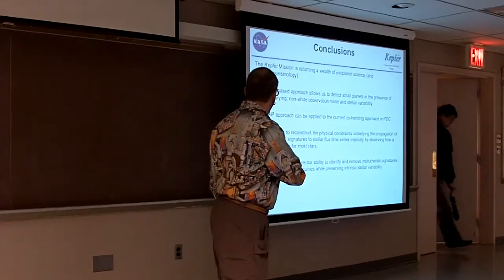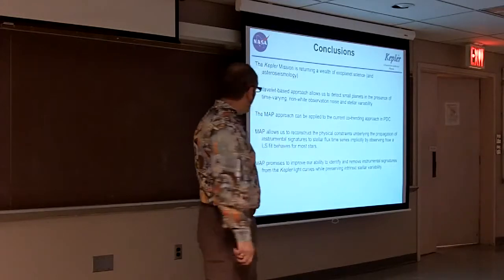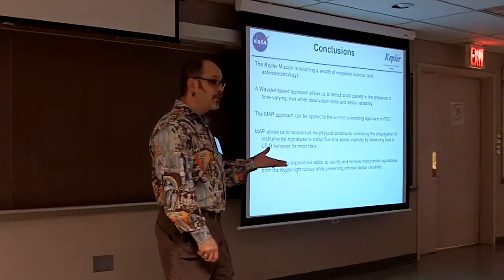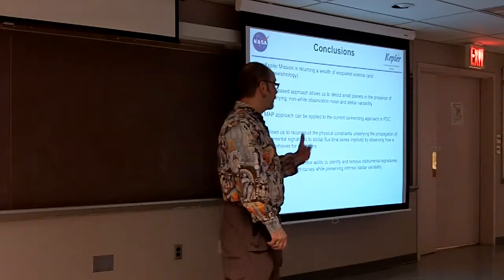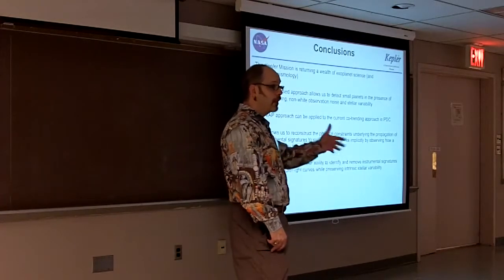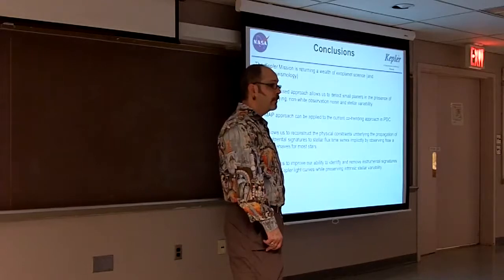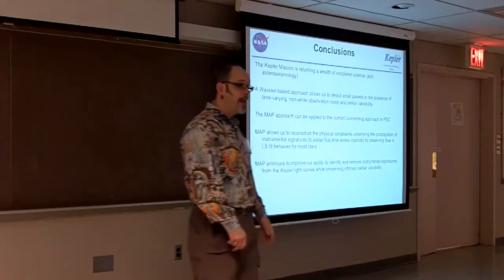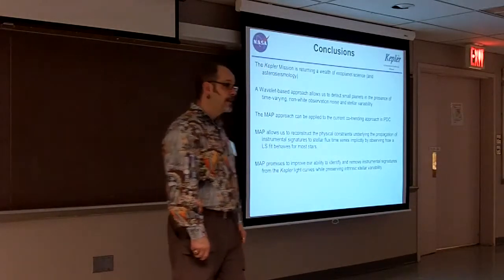It promises to improve our ability to identify and remove instrumental signatures while preserving intrinsic stellar variability that's of such great interest to exoplanet science as well as to asteroseismologists. So that's why I came here today to talk to you about it, and I'd be happy to entertain any questions you have at this point.